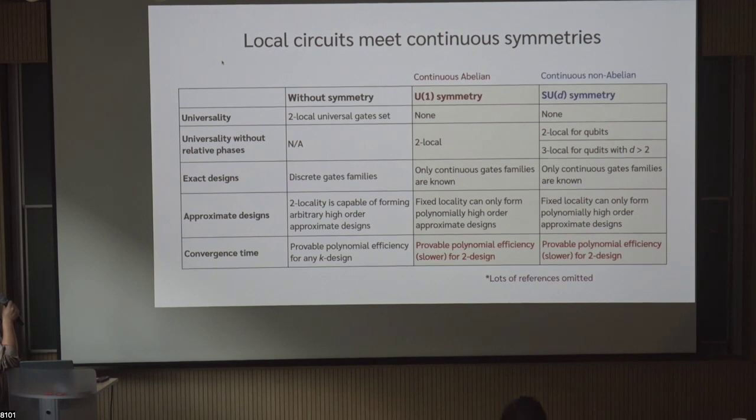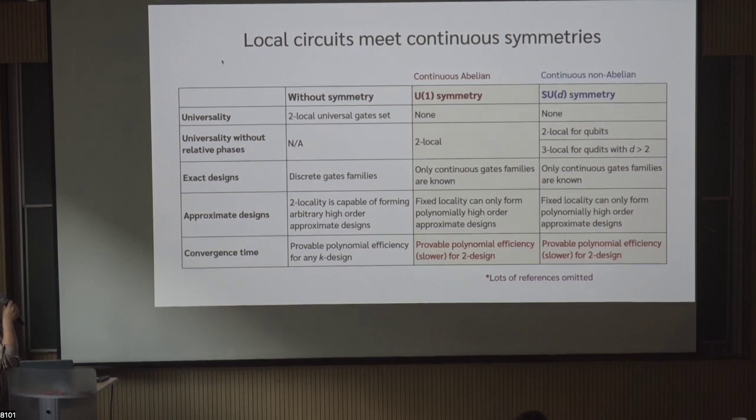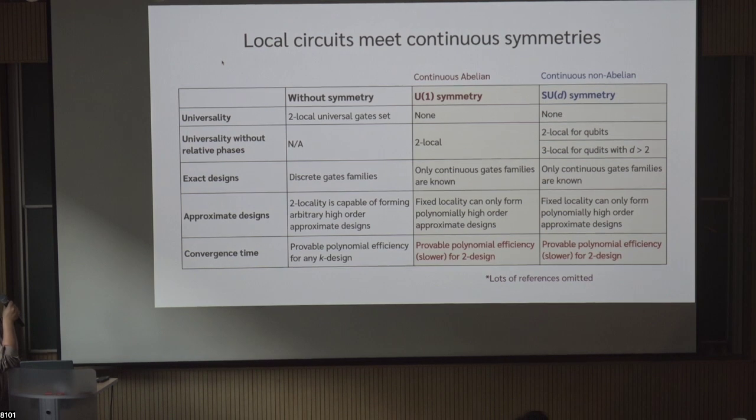And then if we want exact designs, we have discrete gate families for the symmetry-free case. But for U1 and SU(d) symmetry, only continuous gate families are known. We are most interested in the convergence or generation of approximate designs. The most important feature here is that with fixed locality gates, from universality arguments, we already know that we cannot expect to prepare the Haar measure, or arbitrarily high order designs.